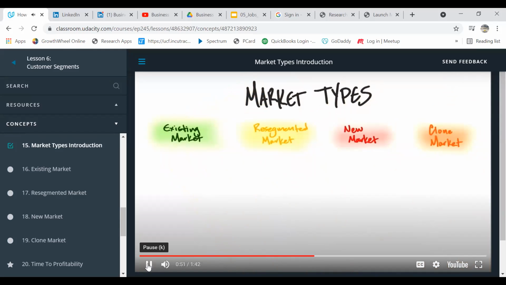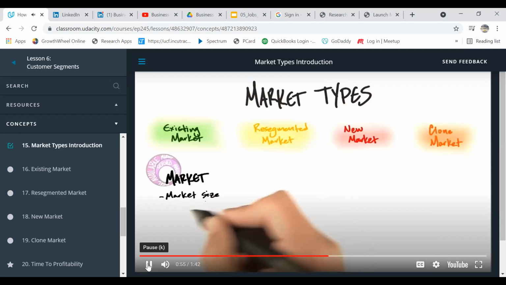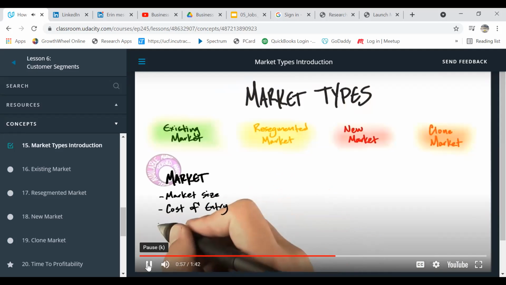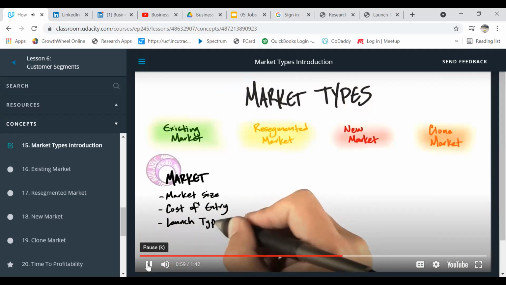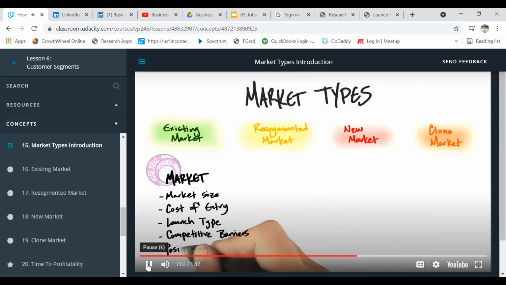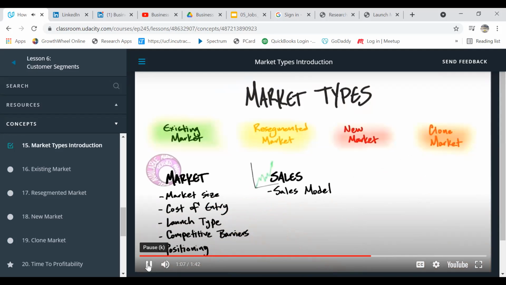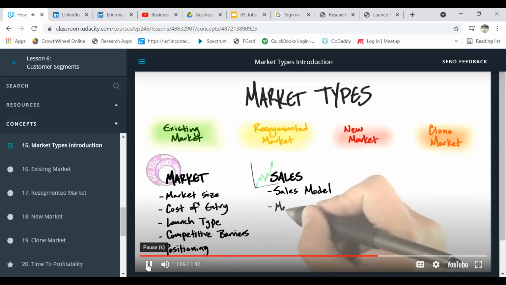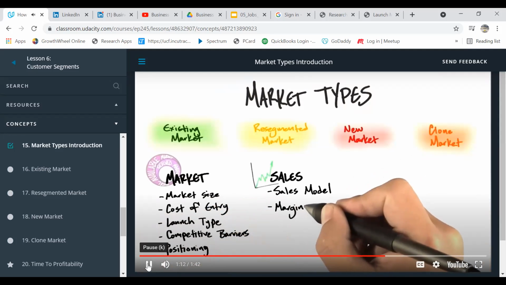It turns out that the type of market changes everything. It changes your initial market size, how much it costs to enter the market, what kind of launch you do of your product. It affects the type of competitive barriers you have and how you position or describe your product. It affects your sales model. Are you going to hire direct sales? When do you hire them? What kind of margins you should have, or the profit?